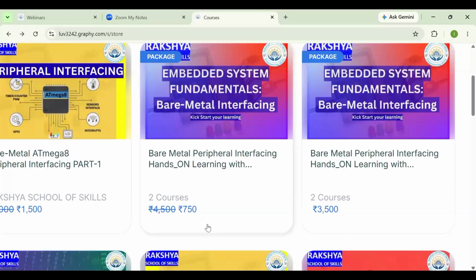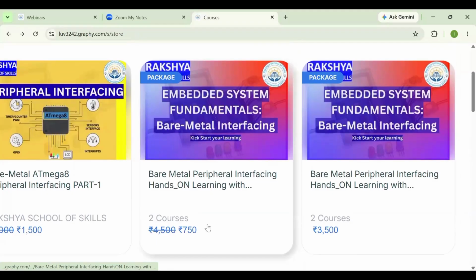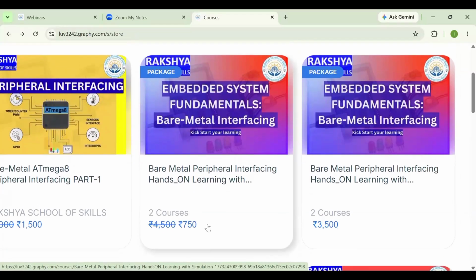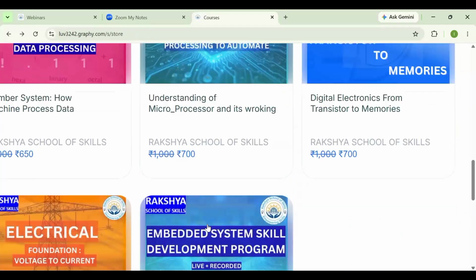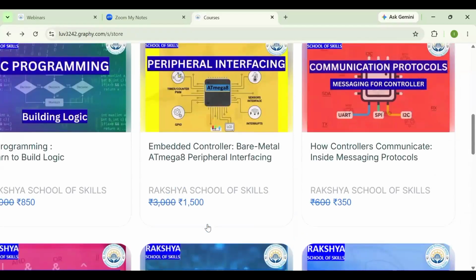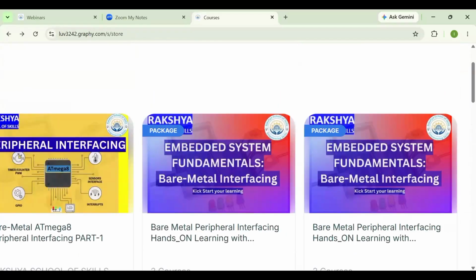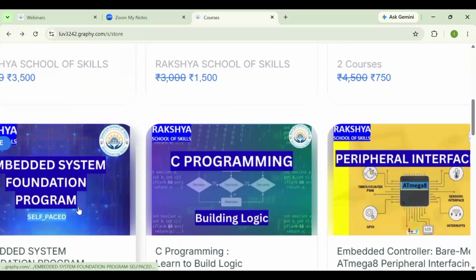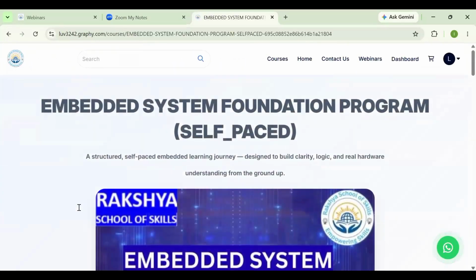I'll clear it. So my dear student, if you want to start your embedded system journey, this is a short one-month program: embedded system fundamentals and bare metal interfacing, as you can see on the screen. If you are very clear that you have to build your career in embedded systems, this is the foundation program.